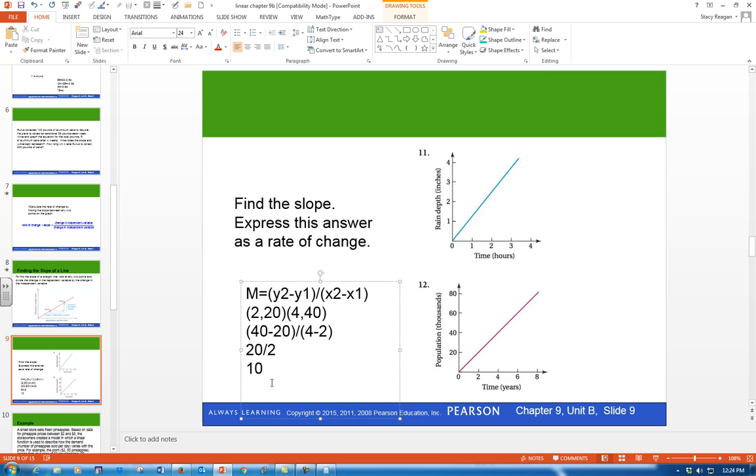So my rate of change would be 10, and my rate of change is always the y's over the x's. So it would be 10 thousands in population, so 10,000 per year. That's what we're talking about when we do that one in class.